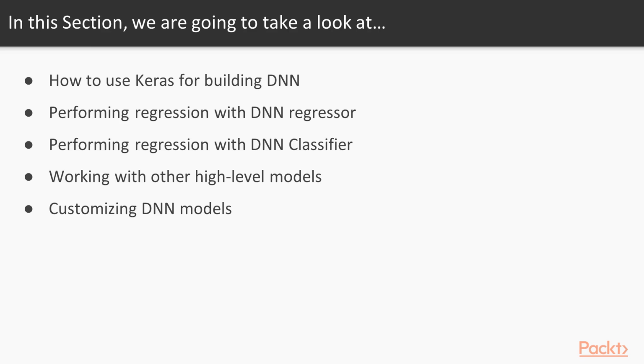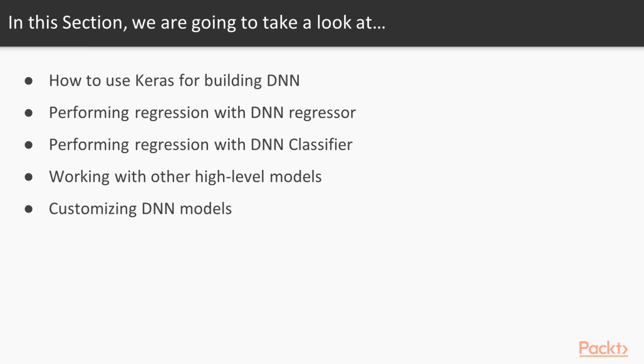In the first video, we will introduce Keras, a very popular high-level library for deep learning in Python. Keras uses TensorFlow as backend and provides a much more user-friendly interface. In the second video, we perform our regression example using a high-level estimator class called DNN regressor. Similarly, in the third video, we run again our classification example using the Higgs boson data, this time using the pre-built DNN classifier class.